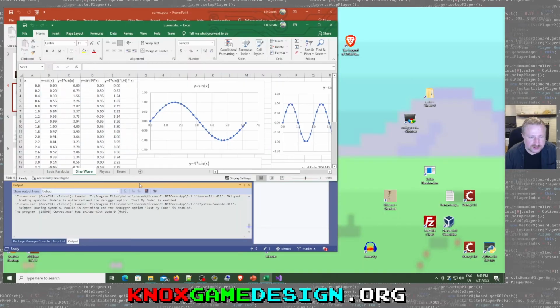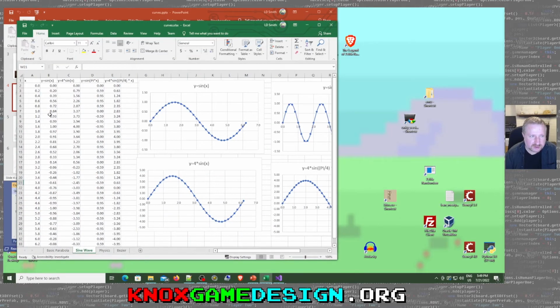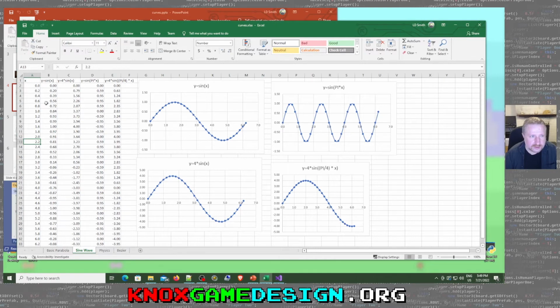So if we pull that into Excel, this is basically what it looks like. We've got our x, same kind of thing going on right here. Then sine of x, that's what we see in this first chart. Crosses at pi and 2 pi. And there's the formula right there.